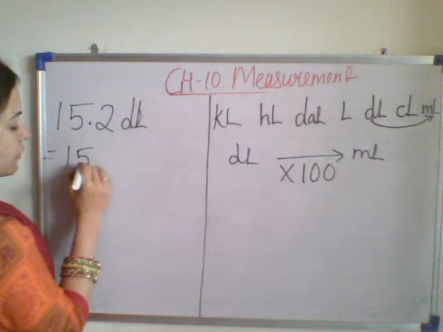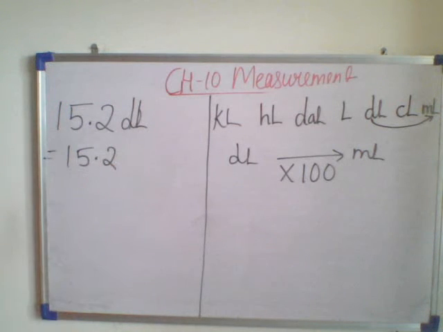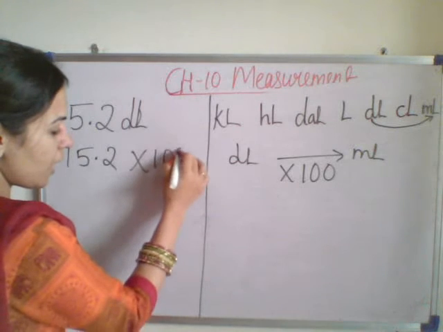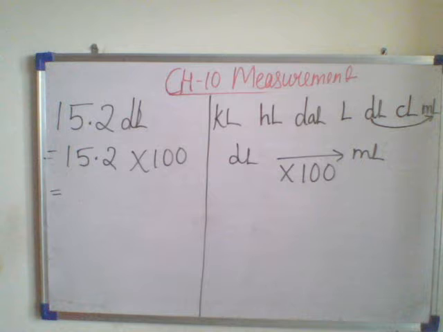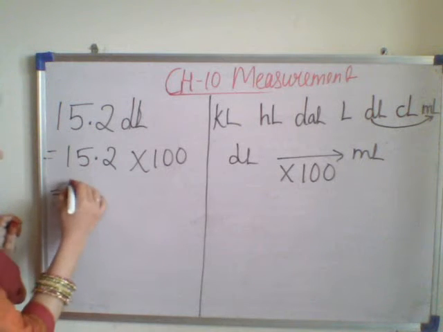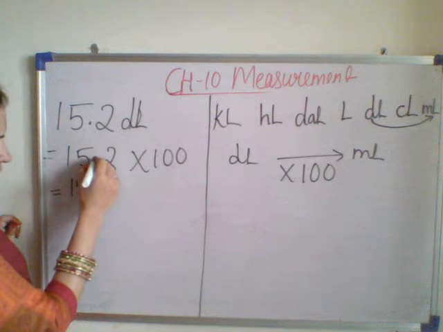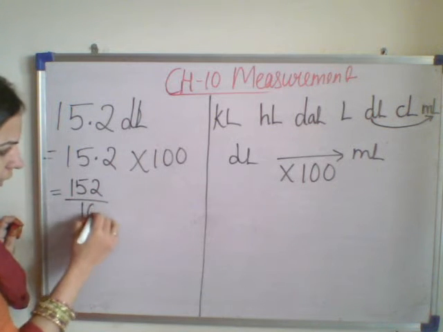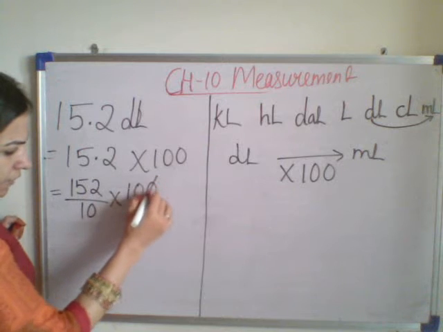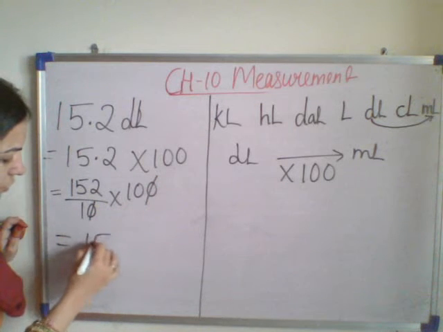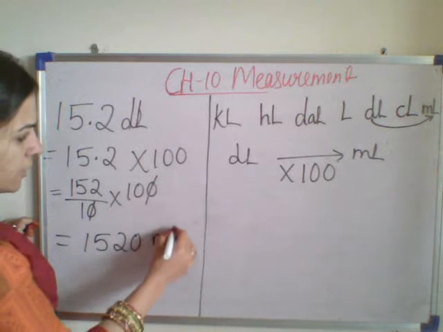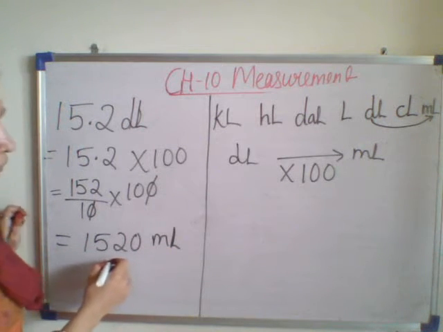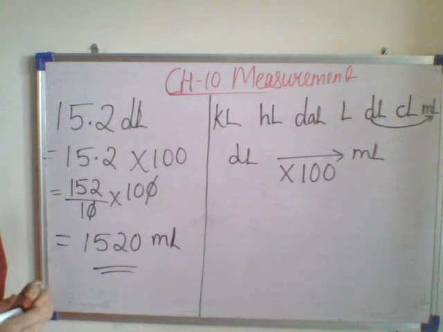So 15.2 multiplied by 100. In order to remove this decimal, I could divide it with the 10. 100, the 0 and 0 got cancelled. So 1520 milliliter. This will be our final answer.